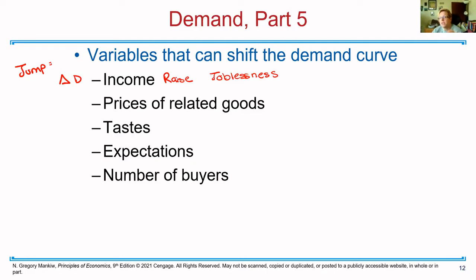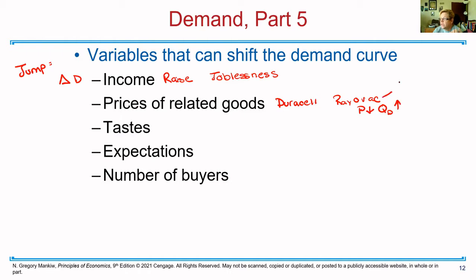Do you buy a certain type only because it's a good type, or do you buy it based upon price? So sometimes if you have Duracell batteries versus Rayovac, and Rayovac goes on sale, its price goes down, then the quantity demanded is going to increase.